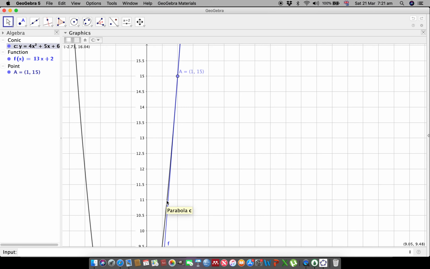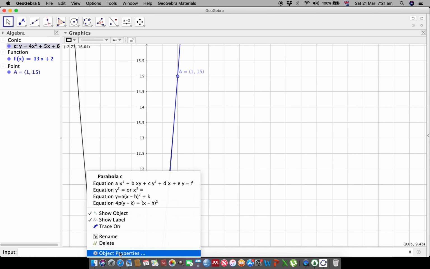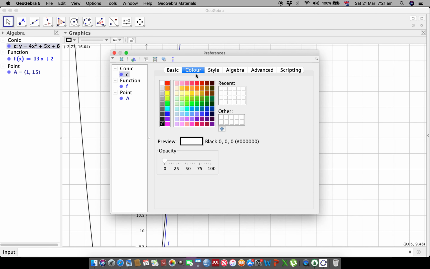Now let's make it a different color, red color.